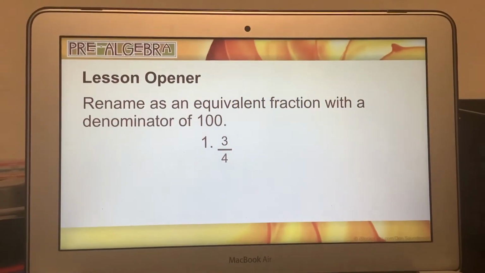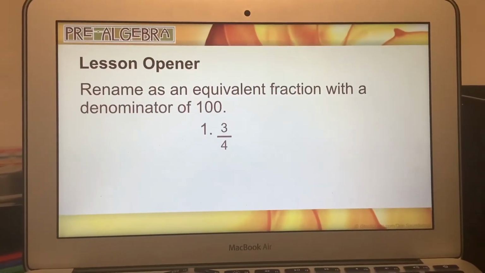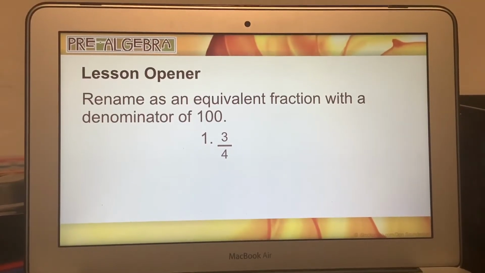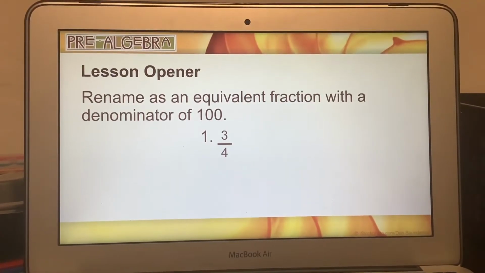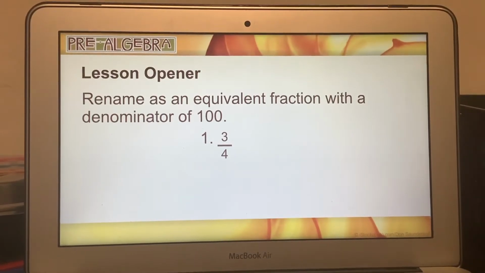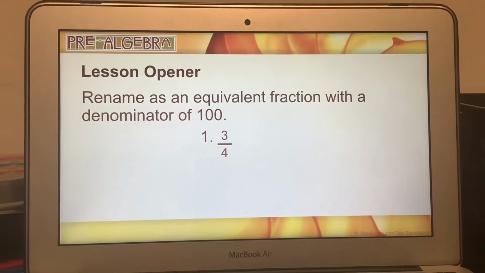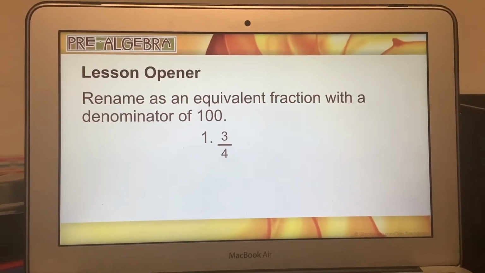Let's take a look here. First of all, we're going to take this fraction 3/4 and rename it into a fraction over 100. How would we do that? We would have to convert the denominator to 100.